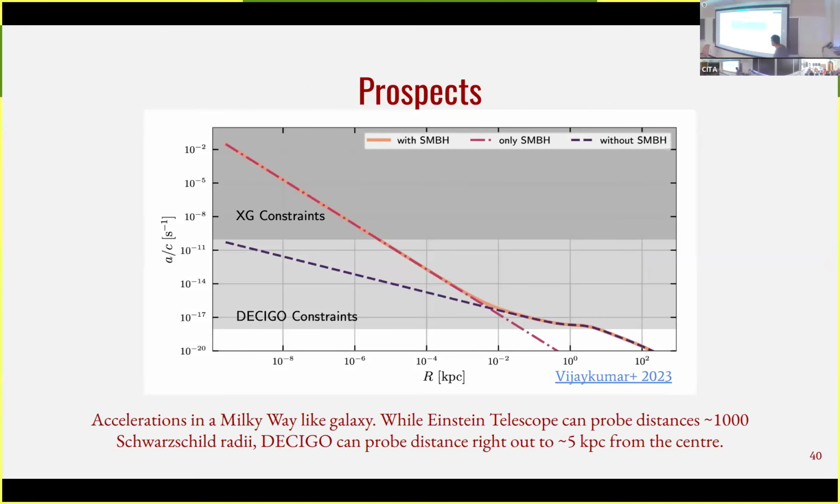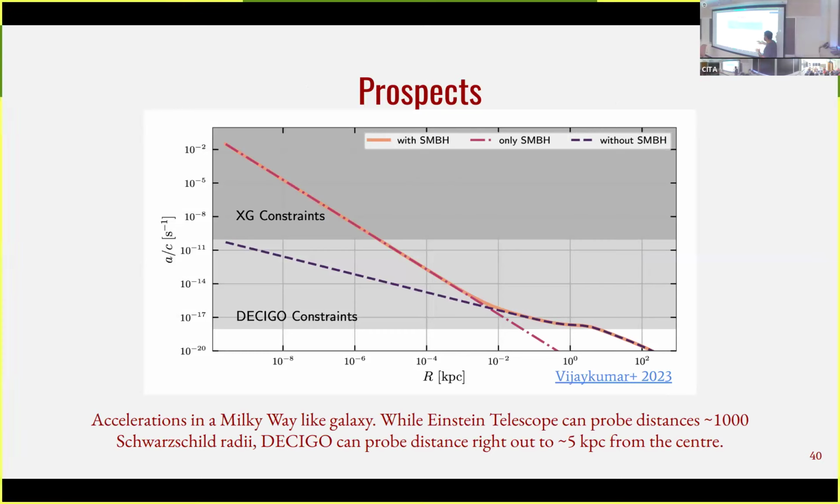So this is just a nice cartoon to end things. What I've plotted is accelerations in the Milky Way, so you should just look at the orange line. These are accelerations in the Milky Way as a function of radius from the center of the Milky Way. Of course, acceleration decreases as you go out to the edges of the Milky Way.